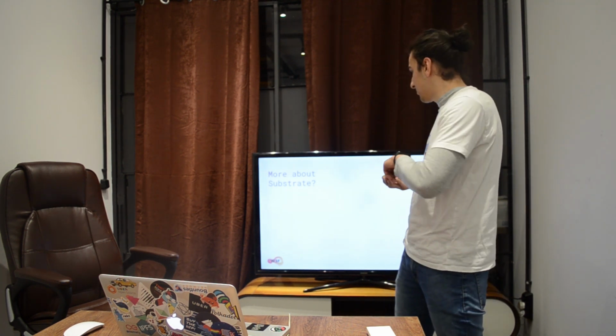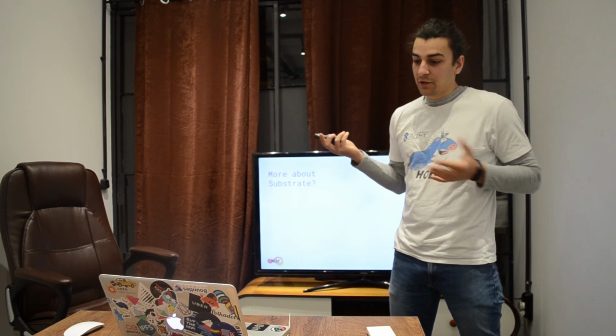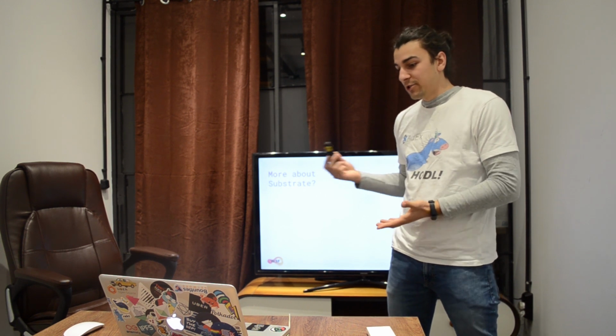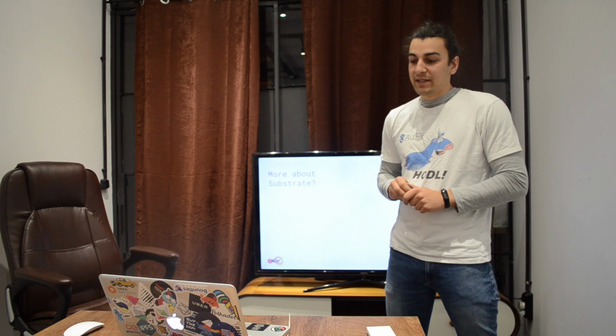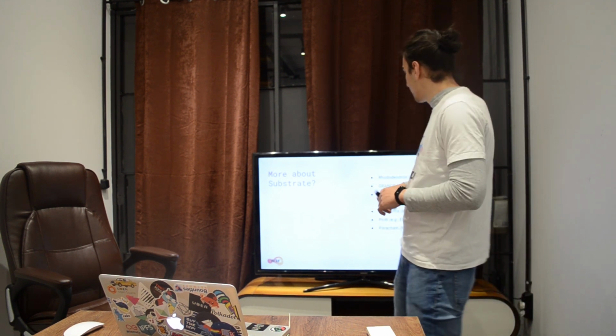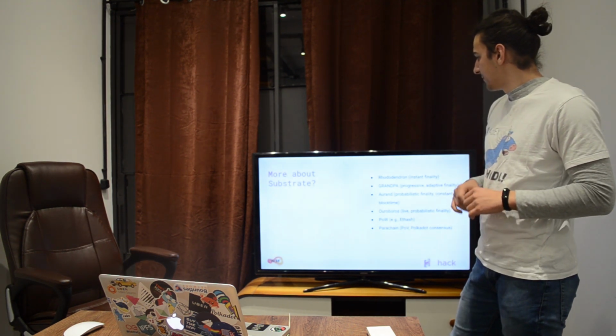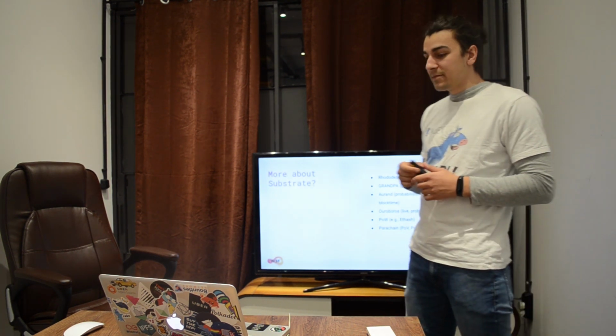Also, Substrate allows you to configure or change the format of the block and the whole database structure of the blockchain. So these are the consensus algorithms that it's supporting.